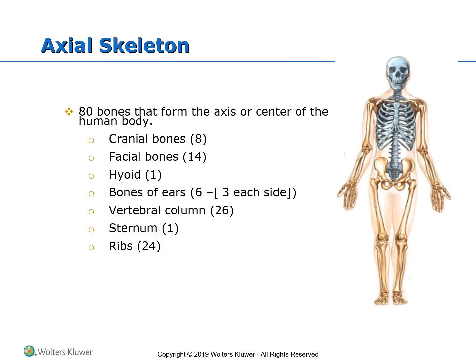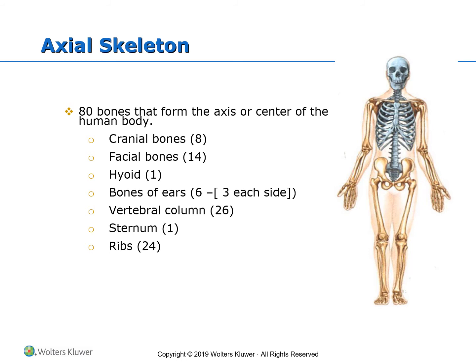Axial skeleton, again, 80 bones. We have 8 bones for the cranial. We have 14 bones for the facial area. So at the head level, we have altogether 22 different bones. We have one bone in the neck that is called hyoid. Please remember about hyoid, something that is very important, the fact that it's the only bone in our body that is not articulating itself with another bone.